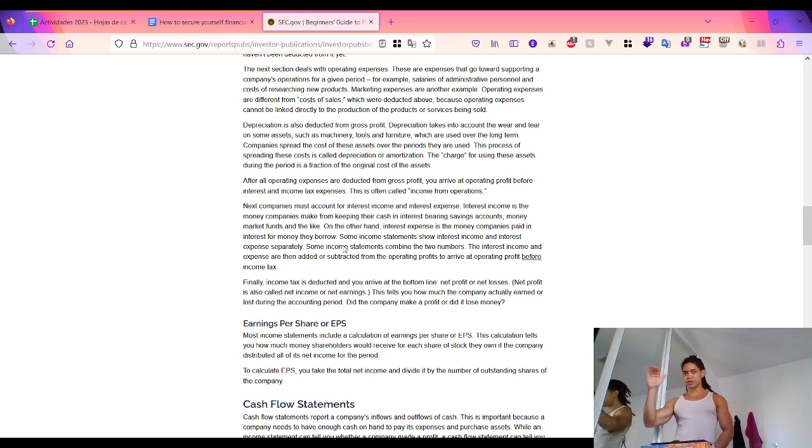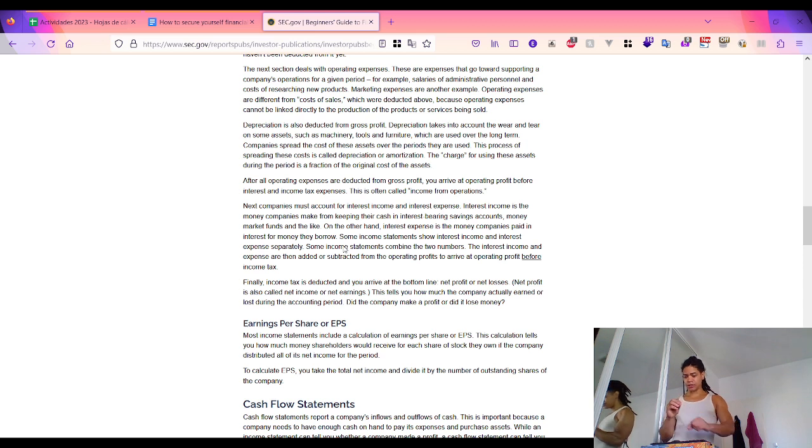So after the income from operations or operating profit, which comes from deducting operating expense and depreciation from gross profit, you arrive at that before interest and income tax spend. Next, the company must take into account interest income and interest expense.